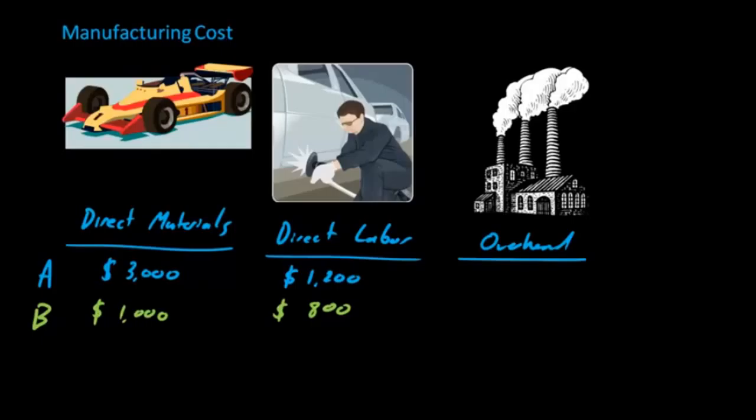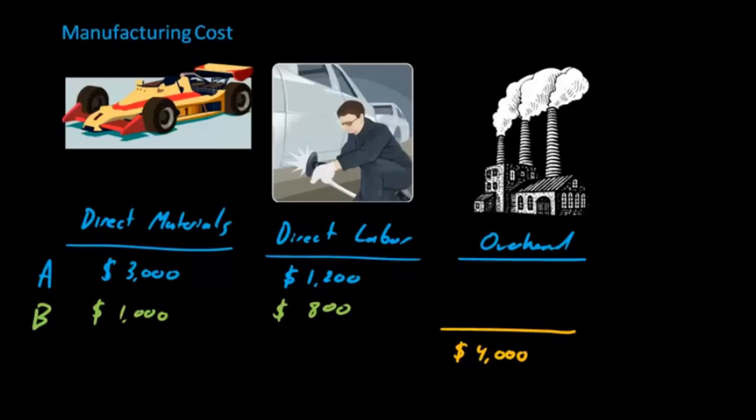But then we have overhead for the factory, so we have overhead for these two cars as well. Let's just say that our total overhead for producing both the cars in total is 4,000. So we need to decide how much of this overhead should be allocated to car A and how much of this should be allocated to car B. And you can see that they use different kinds of materials and different levels of labor.